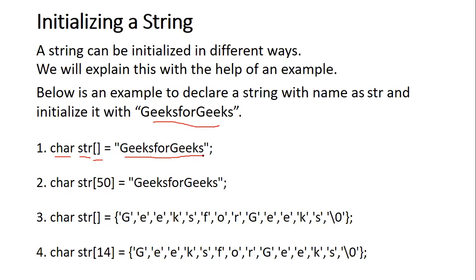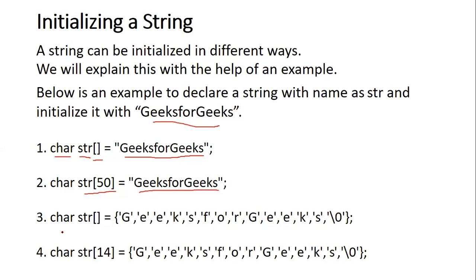So the value of that string now becomes geeks for geeks. In the second example, we are declaring the size of that string, that is 50. The same value is getting inserted, but the size of the string is 50, so it can accept up to 50 characters.